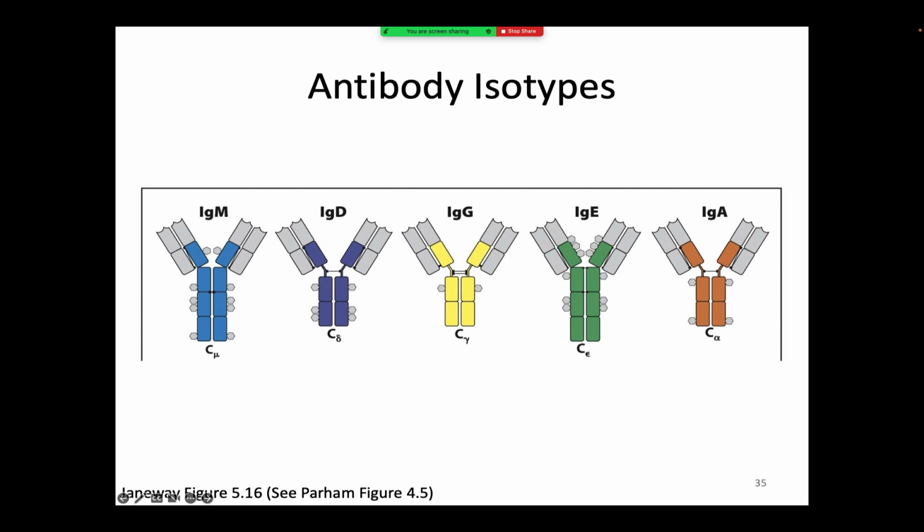For right now, I'm going to say that there are 5. Some of these do have subtypes. IgG has subtypes, but I'm not going to focus on the subtypes right now. So it's not 100% constant, but it's not millions. It's only 5. They're called IgM, IgD, IgG, IgE, and IgA.